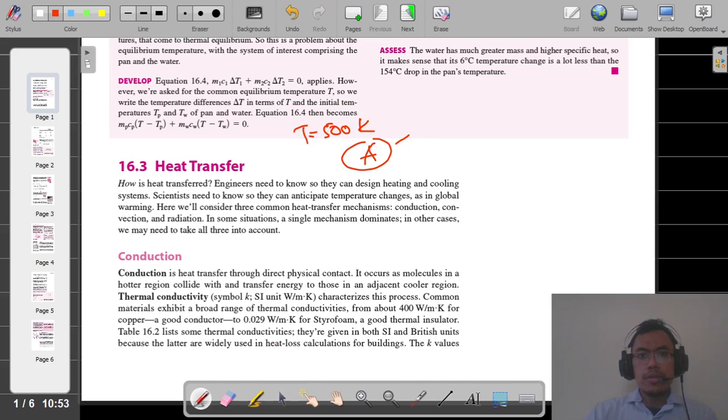The second one is object B, and the temperature of B is, let's say, 300 Kelvin. So the heat from object A will be transferred into object B. So there will be something called heat transfer.